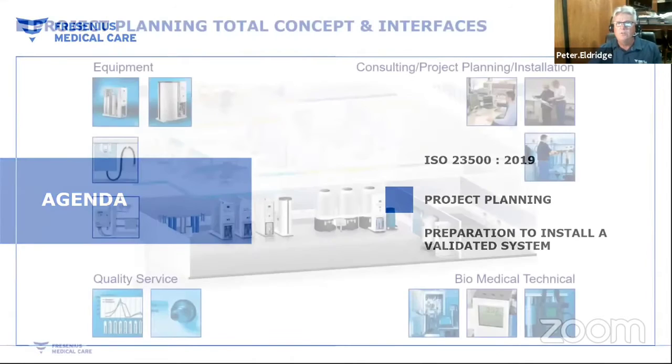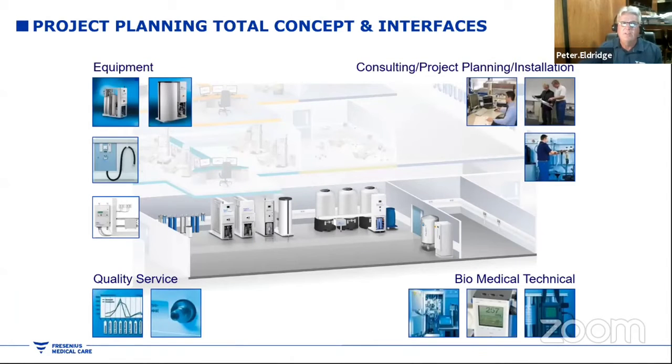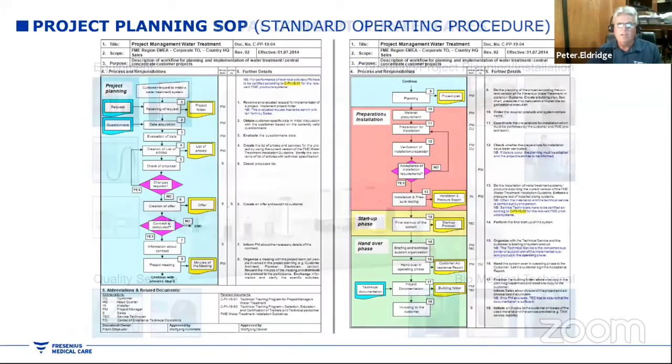So we go through a process of project planning. And the project planning involves all the equipment, consulting and planning, our quality services, so our water testing, and also our biomedical technical services in regards to looking after the water treatment system once it's installed. In Fresenius, we do have a standard operating procedure, and I've seen this in other talks today.